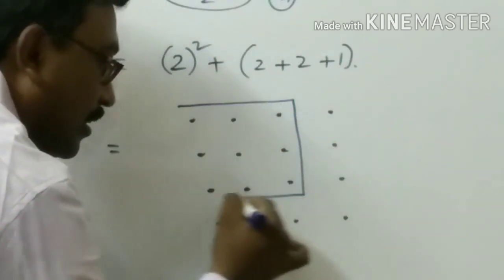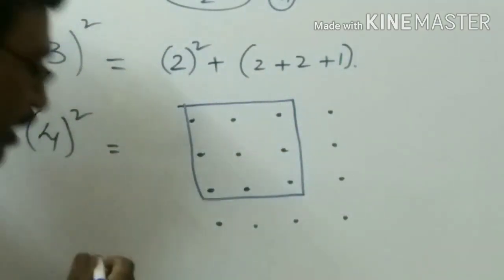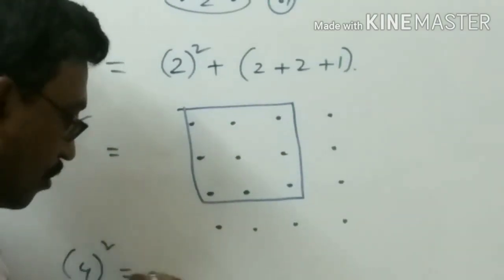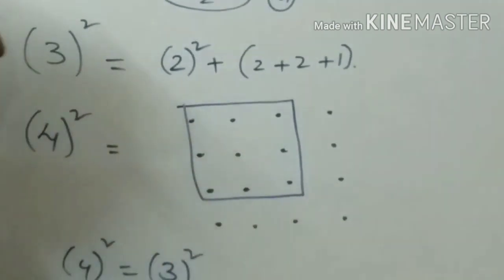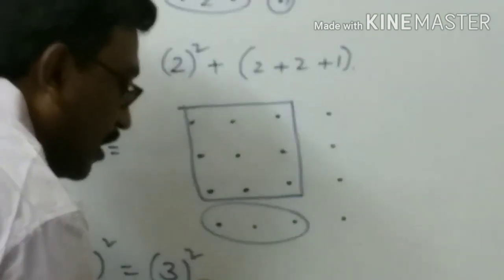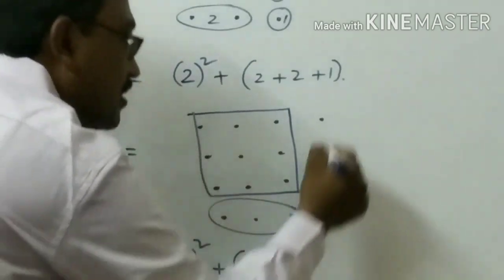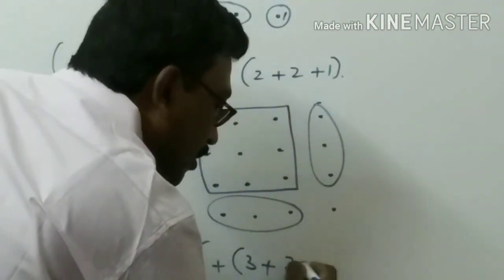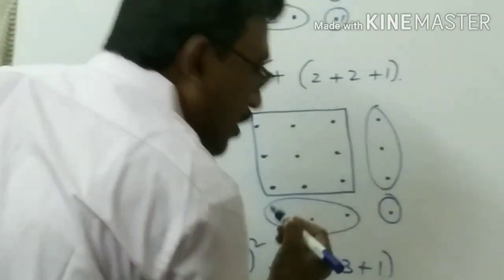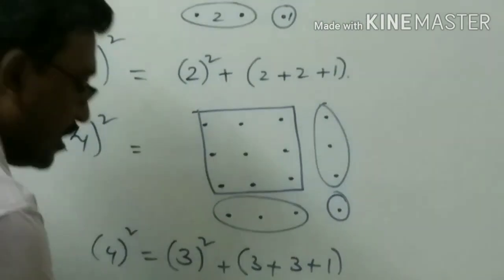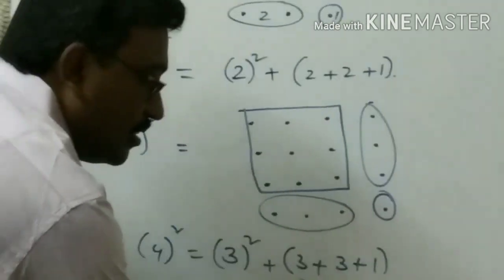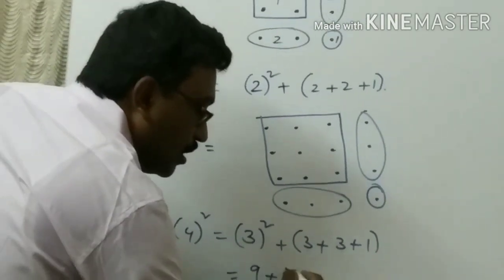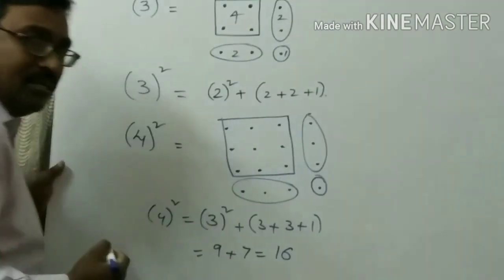Now I am taking this as 3 square, so 4 square is equal to 3 square, plus here one more 3 dots and here 1 dot. Now 3 square is 9 and this is 3 plus 3 is 6, 6 plus 1 is 7, 9 plus 7 is 16.